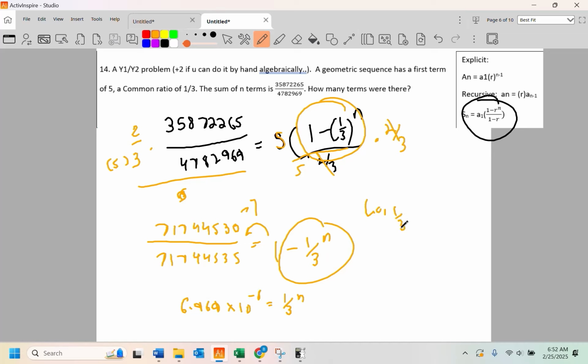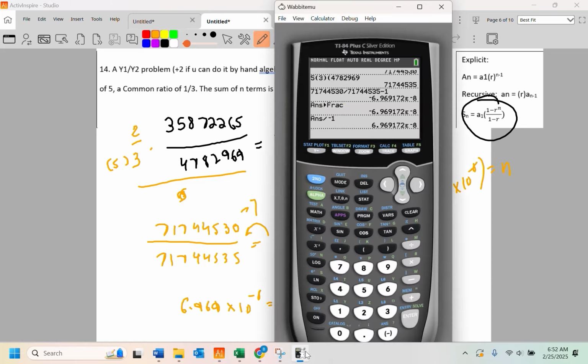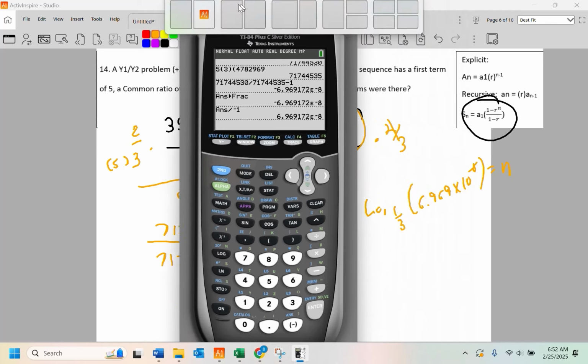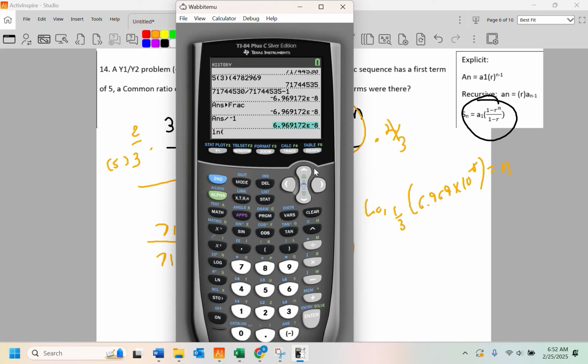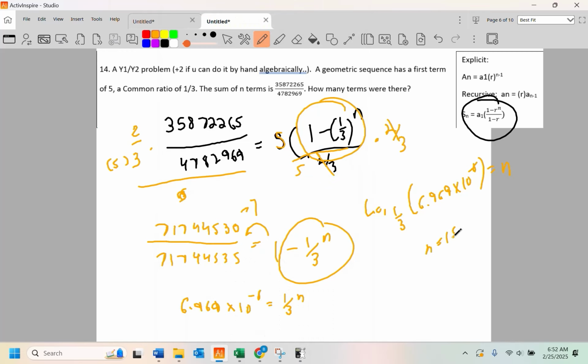A log base 1/3 of 6.969 times 10 to the -8th is n. Now I'm going to use change of base, and it's going to have to be rounded. I'm going to do the natural log of that guy divided by the natural log of the third. And I'm going to have to round, but it's 15. That is the issue with doing things sometimes. Rounded.